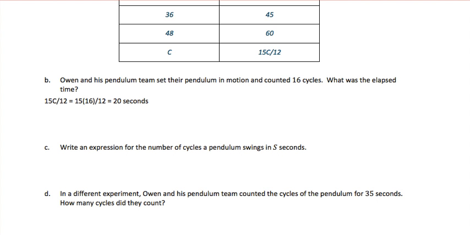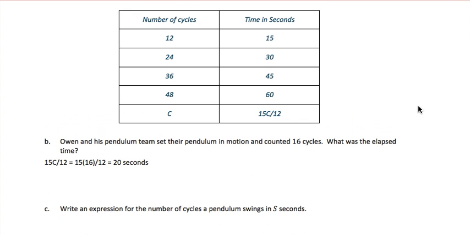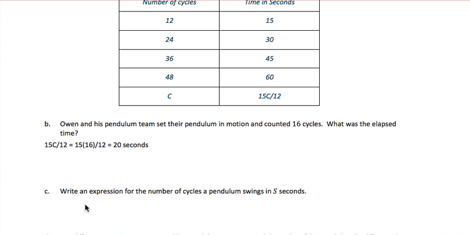So in part C, they ask us to write an expression for the number of cycles a pendulum swings in S seconds. So if we take the relationship of cycles to seconds, that would be 12 to 15. Please notice 12 to 15.